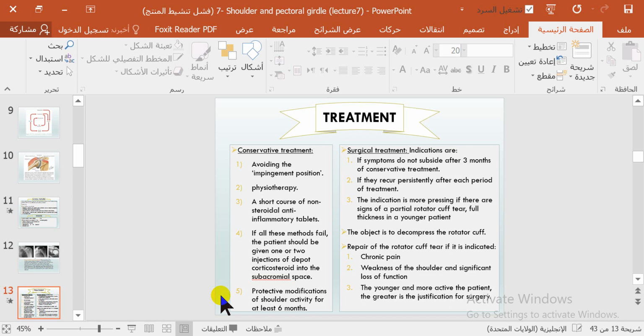If these conservative measures fail, surgical treatment is indicated if the symptoms do not subside after 3 months of conservative measures, or if they recur persistently after each period of treatment.